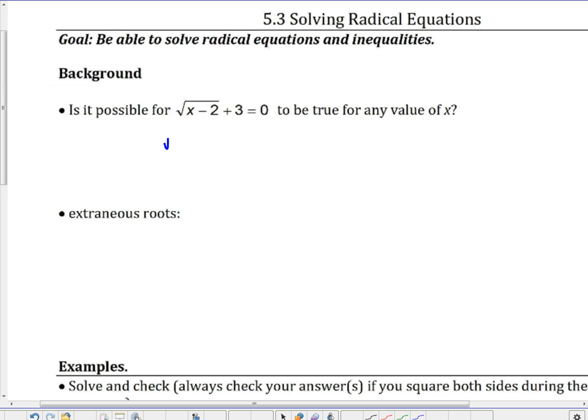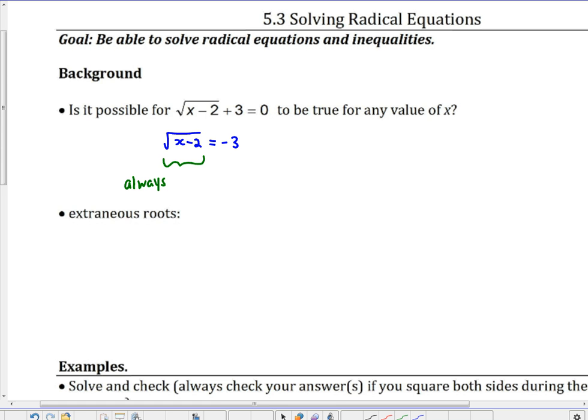So if we isolate the radical, we get the square root of x minus 2 equals negative 3. Let's think about that. What do we know about the square root of x minus 2? It's always going to be what? Can you have a negative come out as a square root?